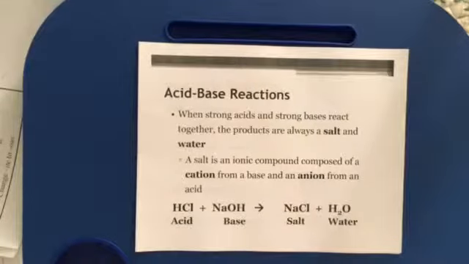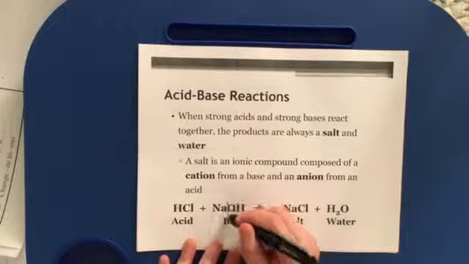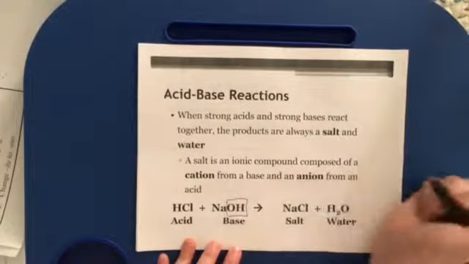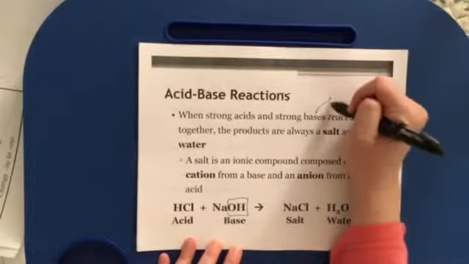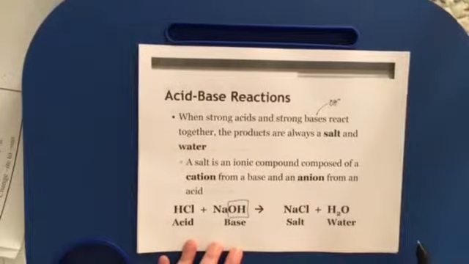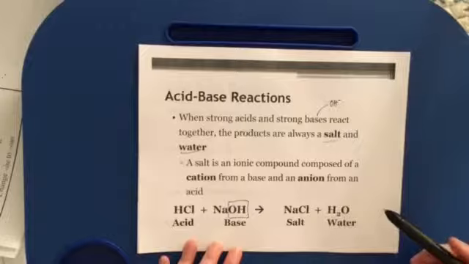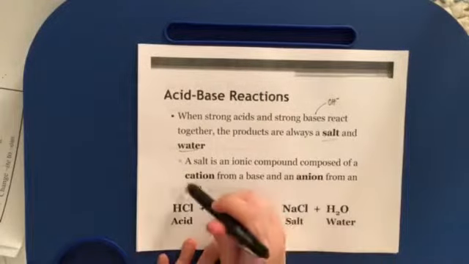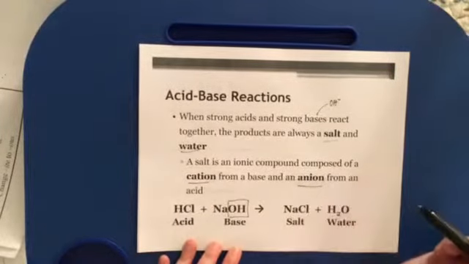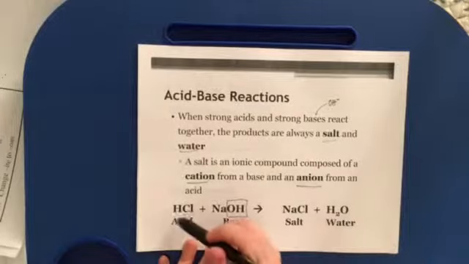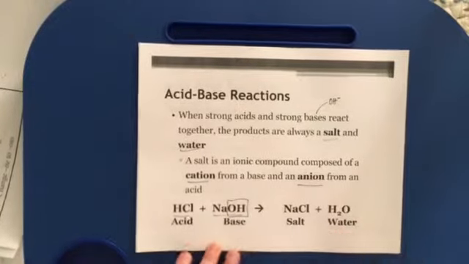When strong acids and strong bases react together, which a strong base is basically anything where you have hydroxide minus, it always forms a salt and water, where the salt is an ionic compound composed of a cation of a base and an anion of an acid. So for example, HCl, NaOH.